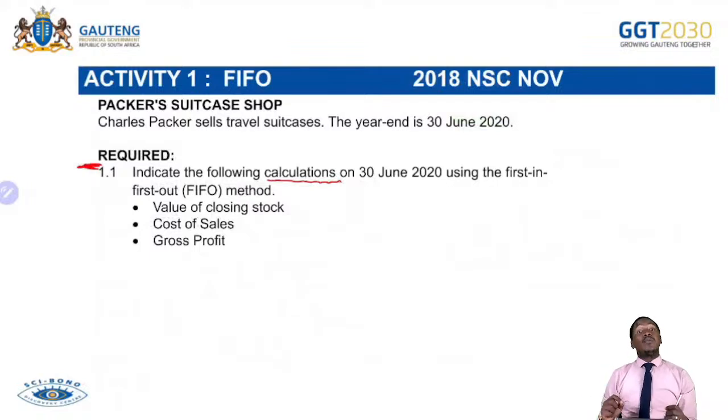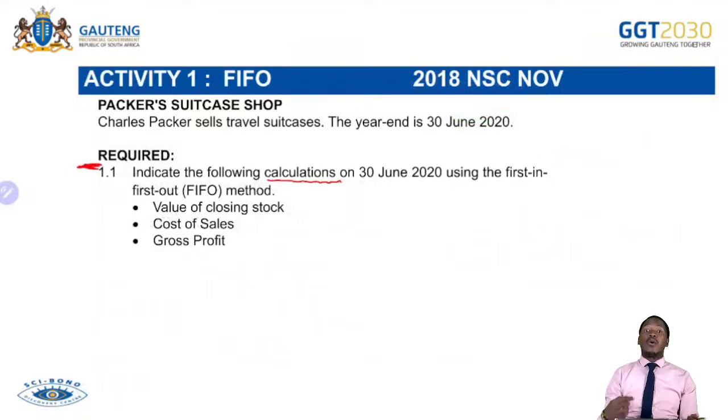Now, grade 12, when we are dealing with inventory valuation, we need to be careful which inventory valuation method is in use by that business. One business may prefer to use weighted average, one may prefer to use FIFO, one may prefer to use specific identification. They will have their reasons why they are using a certain inventory valuation method.